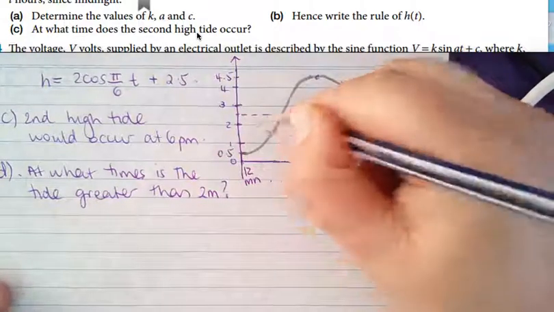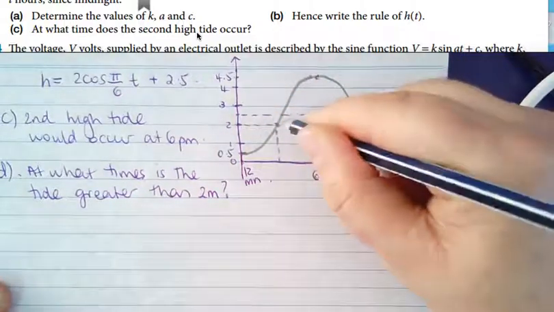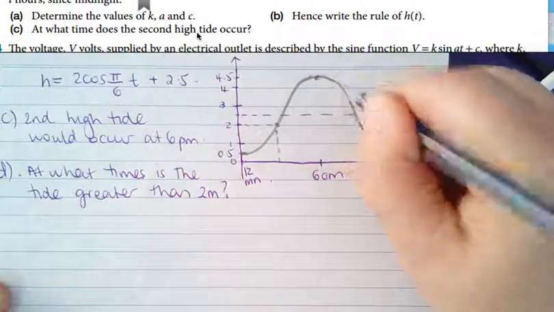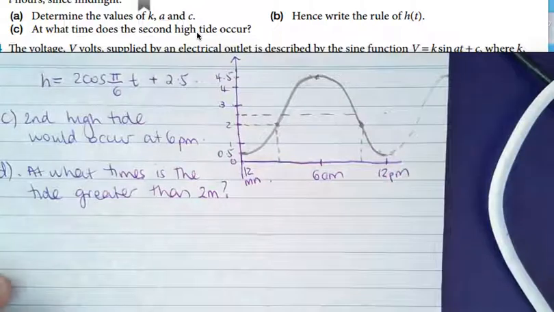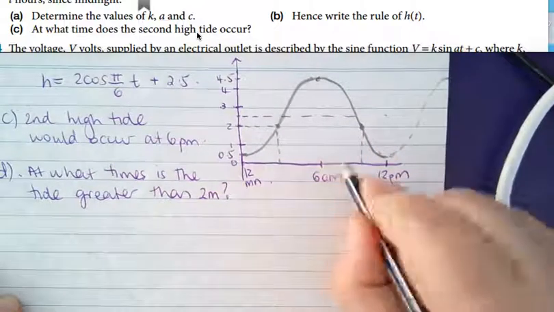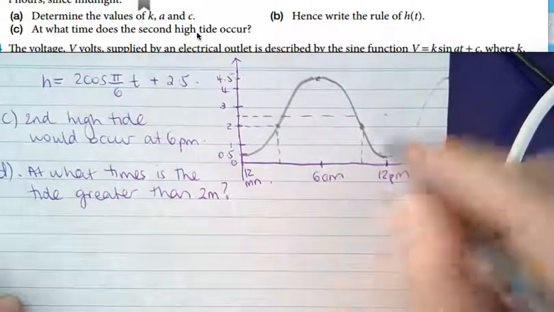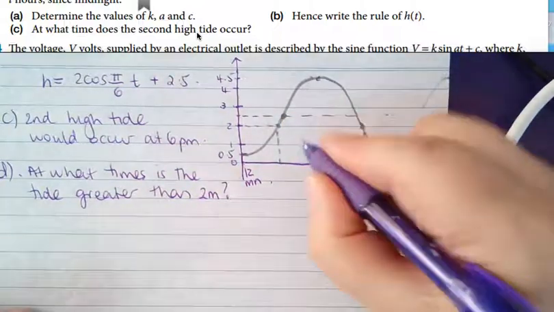So if I look at my graph, here's my 2 meter mark. It's going to be from this time all the way through to this time that the tide's higher than 2 meters. Now, that is before the quarter way mark. So look, I've got 0, midnight, 6 a.m. What's halfway between 0 and 6? 3.